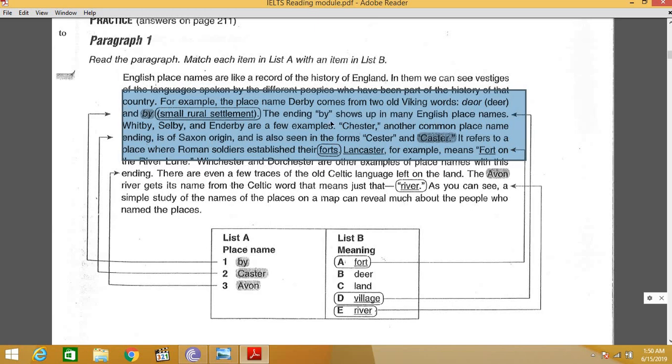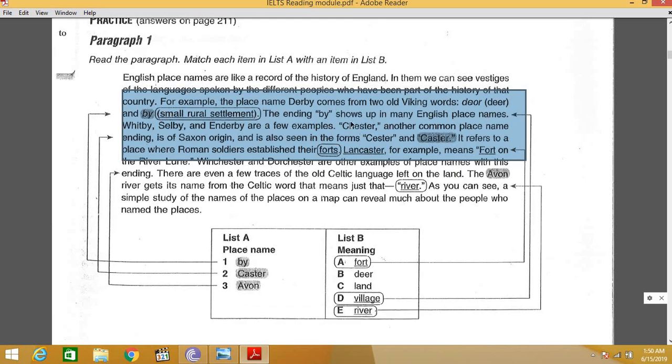Once we identify the word by, we have to read around the word. I mean, we read the relevant sentence where by appears, or the sentence before it, or the sentence after it, and there you will definitely find the answer. So we are searching for the meaning of by. There is a phrase here, small rural settlement.